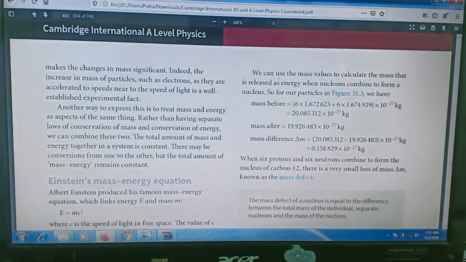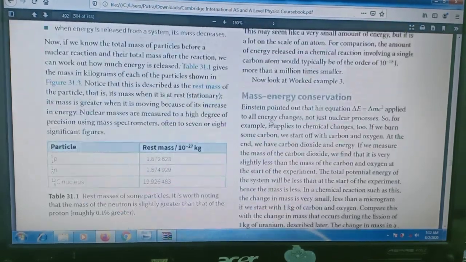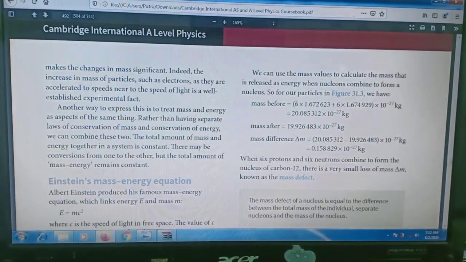Next, we can use the mass values to calculate the mass that is released as energy when nucleons combine to form a nucleus. Another example, this one for the mass of carbon-12. Carbon-12 consists of 6 protons and also 6 neutrons.